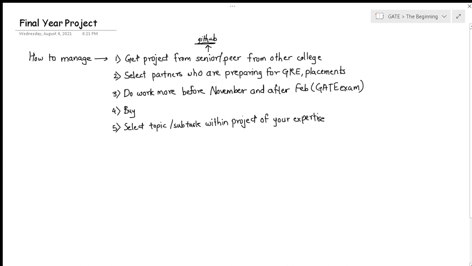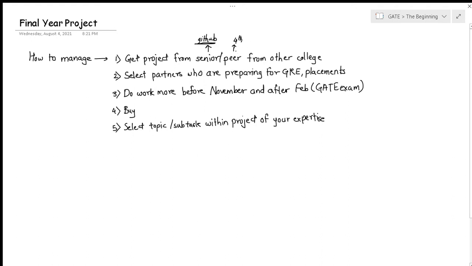Now the other one could be you can ask your peers from the other college, those who are also in the fourth year, but they are your friends from the other colleges. So what you can do is that you can ask them what their ideas are, and you can also work on the same thing as they are working.